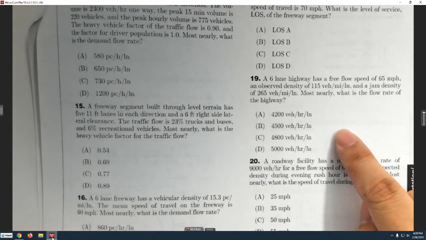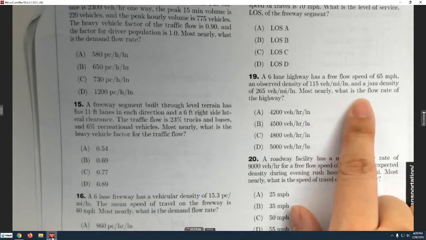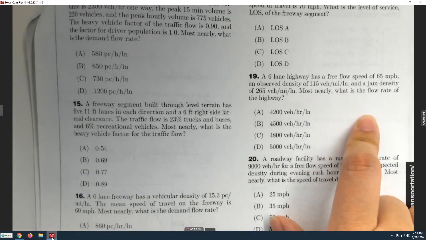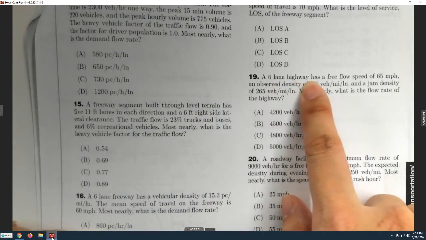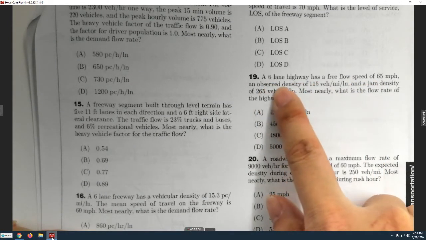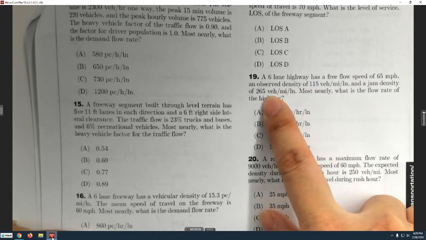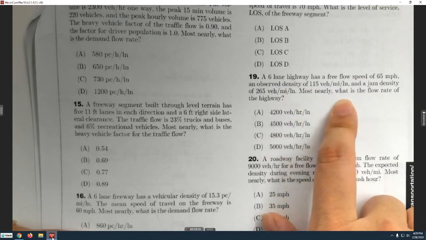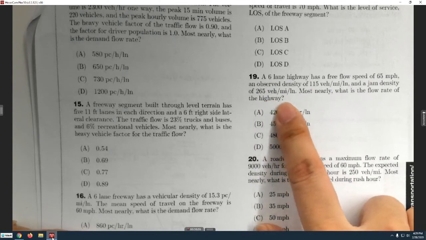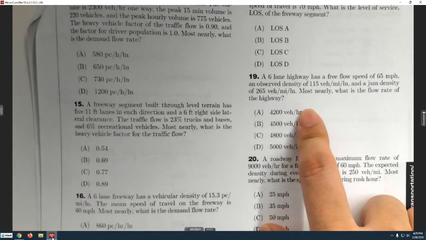Then 19. So, similar. Flow rate. This one, a 6-lane highway has a free flow speed of 65, observed density here, and then jam density. What is the flow rate? Okay, you use the Greenshields model.